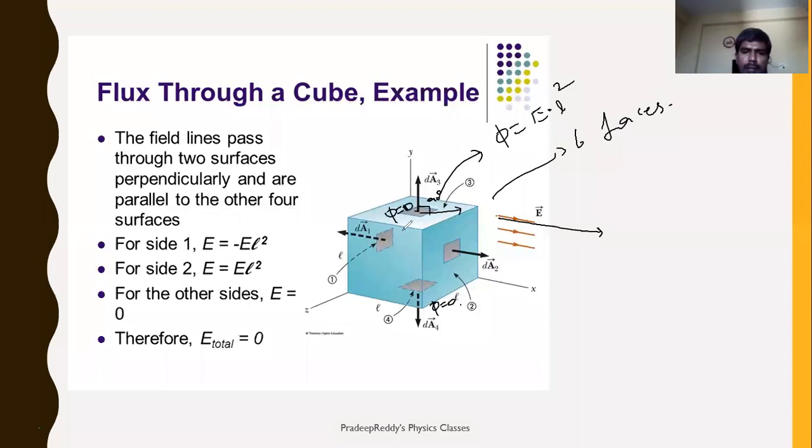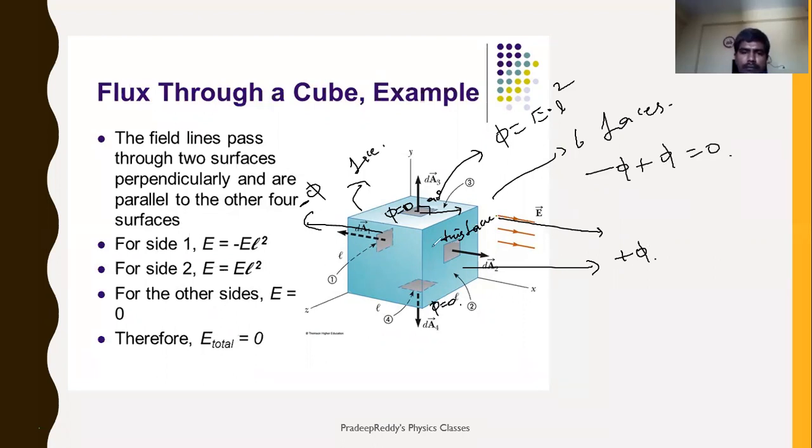Now flux will be passing only through this face and the opposite face. On the left side, if you calculate the flux, you will get minus phi. On the right side, you will get plus phi, right? Minus phi plus phi is equal to 0. Therefore, the opposite faces' flux cancel each other. Top, bottom, front and back faces do not have any flux because the angle is 90 degrees.